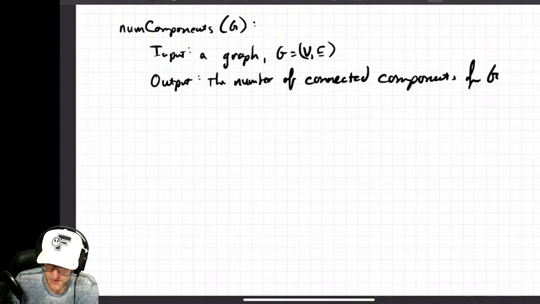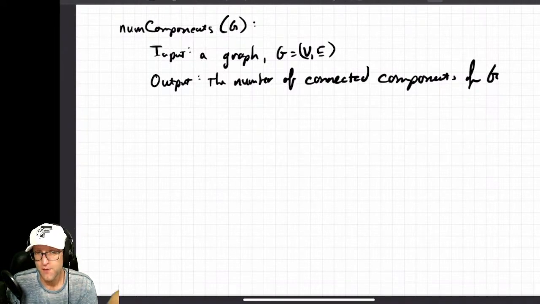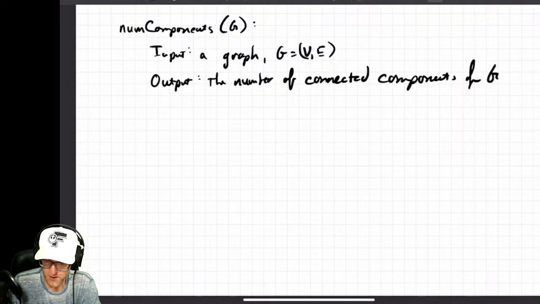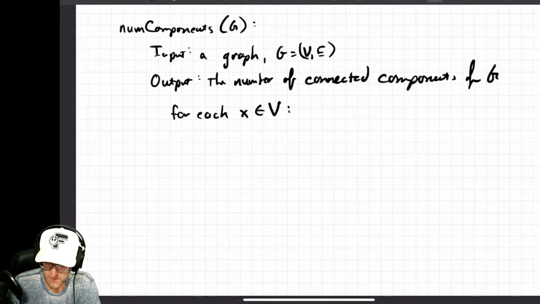All we need to do is basically cut and paste from that main DFS routine. And initially what it did is it colored all the vertices white. So let's go with for each X in the vertex set, color X white, and this is unvisited.